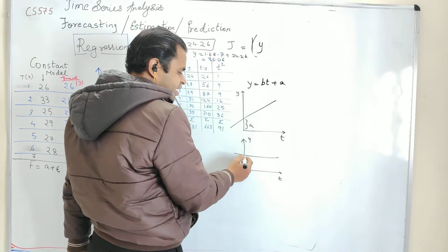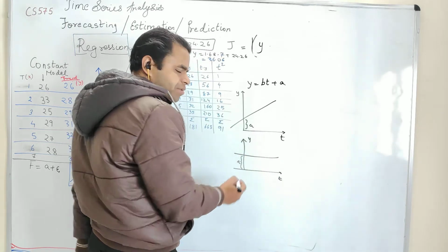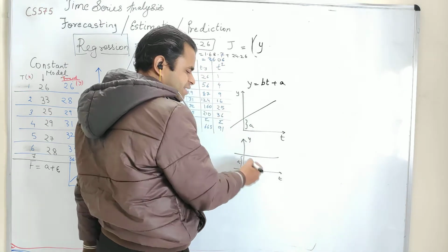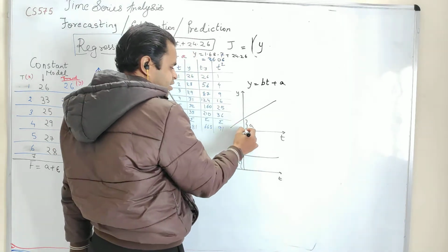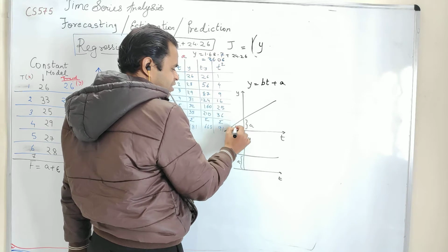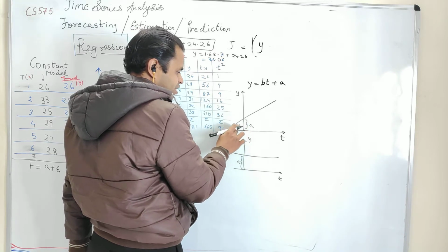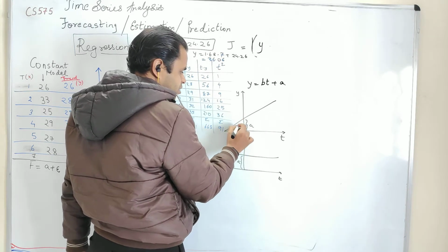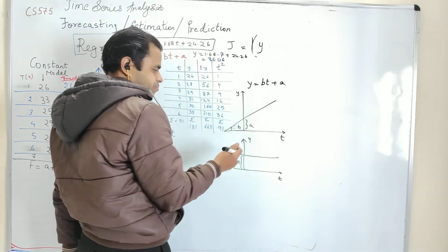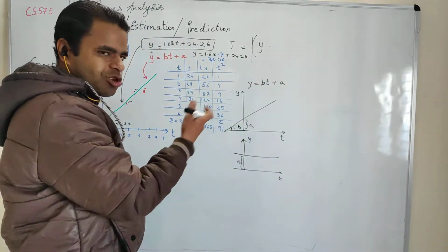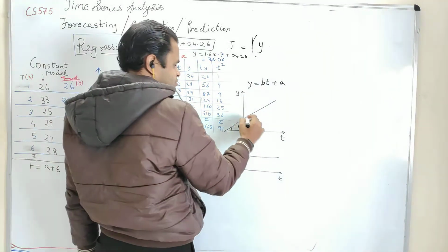Since this line never intersects, what is the angle that it makes with the x-axis? We know the theta, which in this case is b. B is the slope of the line. Basically tan theta is equal to b.